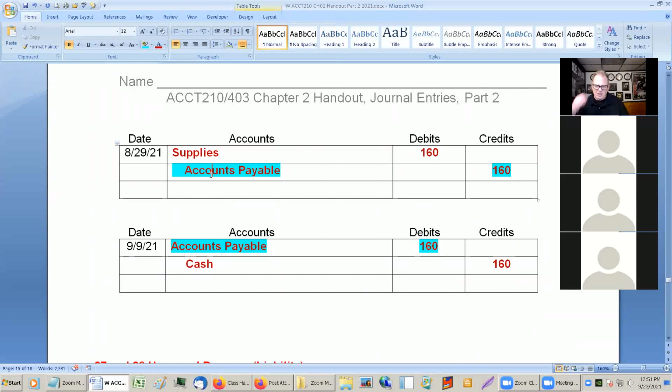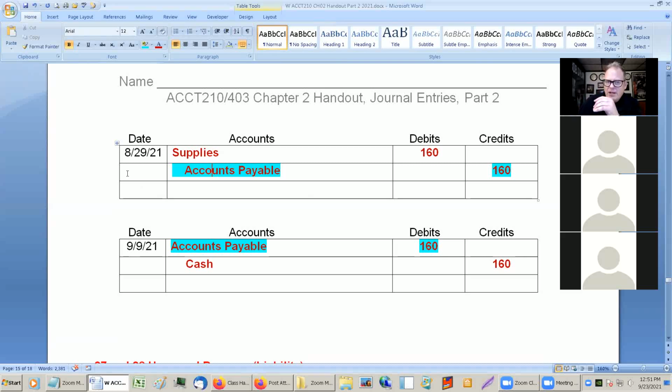So these accounts payable and accounts receivable are almost like placeholders, in that it's not completing the transaction just yet. This transaction really isn't complete until we get the payment or we make the payment. In this case, we bought supplies, and at some point you've got to pay for them.